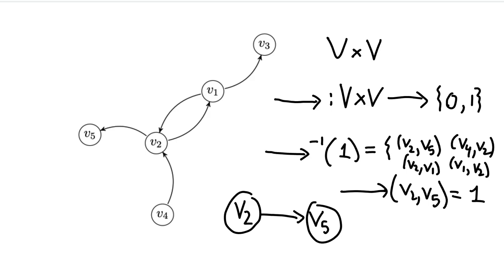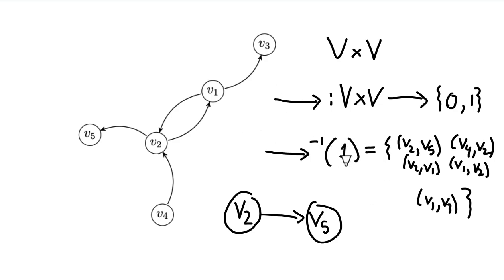And then V1 to V3. And that looks like 5, right? There's 5 edges. Okay, so that's it.